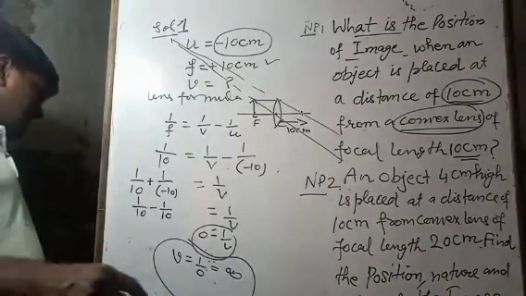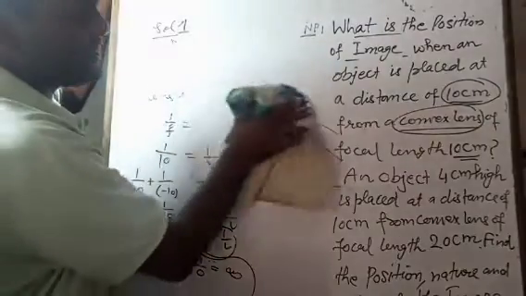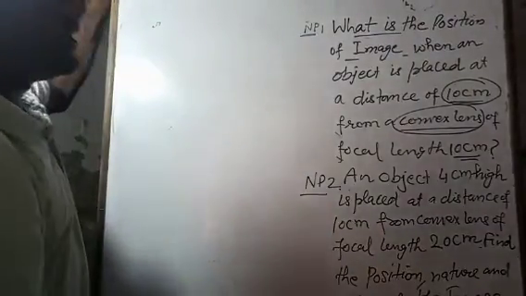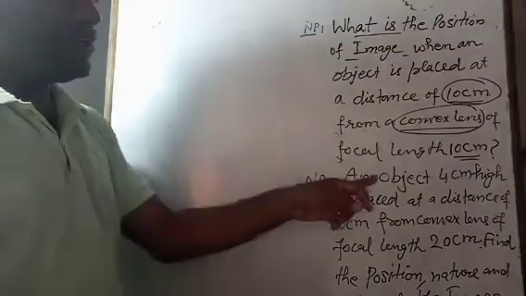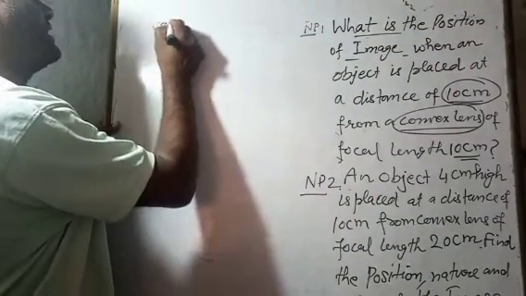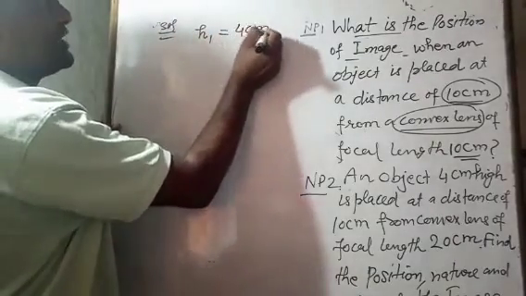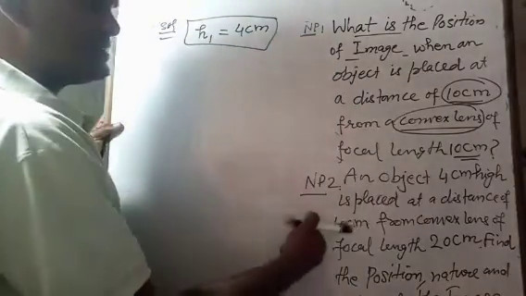Now let's do the next problem, the solution of the next problem, and let's try to find out the observation from the next problem. The next problem given is, an object 4 centimeter high is placed at a distance of 10 centimeter from the convex lens. An object 4 centimeter high means the height of the object is given, and that height of the object is taken to be h1. It is given 4 centimeter. Okay, it is placed at a distance of 10 centimeter.